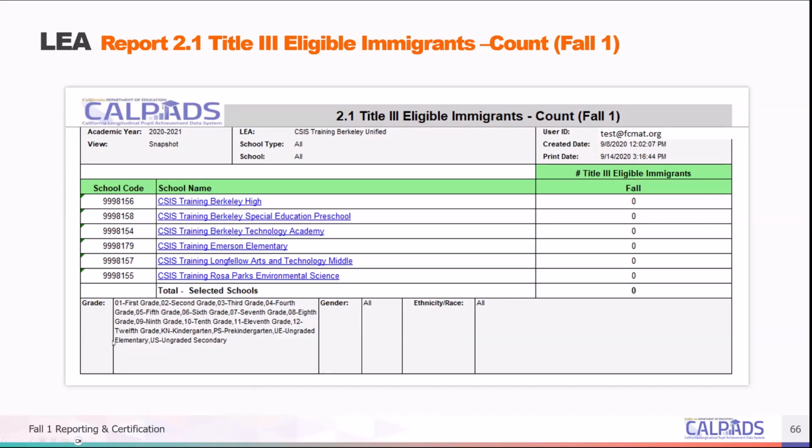And down here, it's a good example because at the bottom of each report it shows you the students included, and you can see for this report, preschool is included. This is an older screenshot, but that fact still remains. Preschool would be included if you report them.